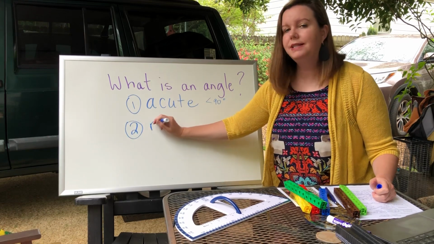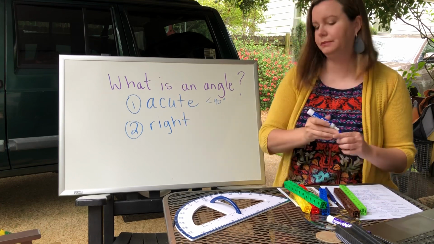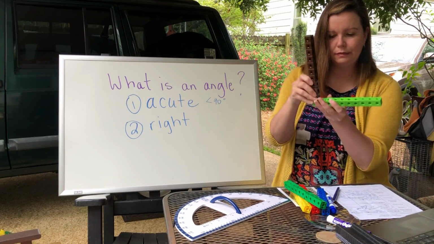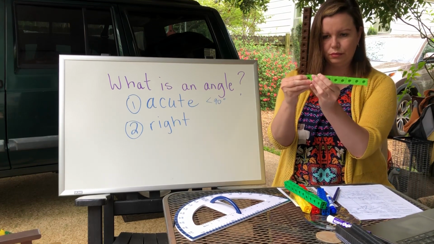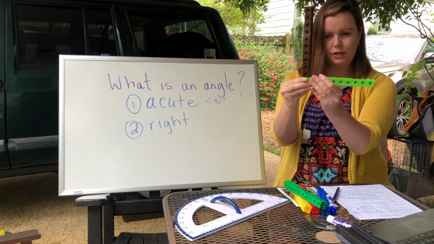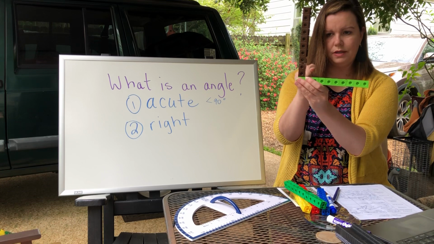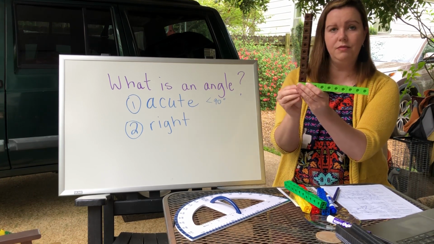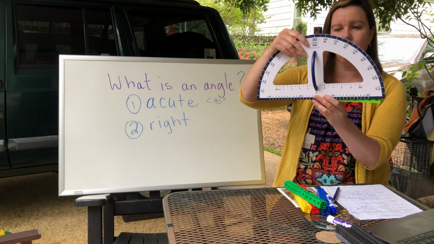The next one is a right angle. This is a right angle. It's perfectly straight. Right here, you could draw a square in the angle. This is a right angle, and it measures 90 degrees with the protractor.